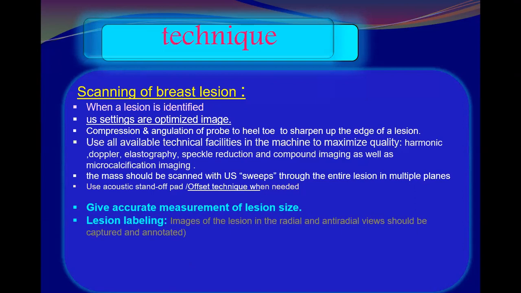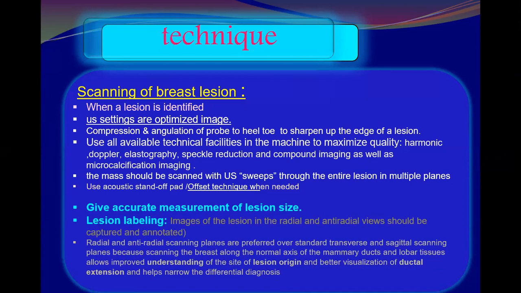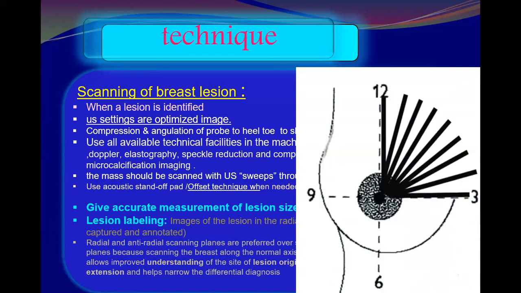For labeling, we said that for accurate understanding of the lesion's location or origin, we have to use radial and antiradial views. When you have a lesion while scanning using longitudinal, transverse or Minder technique, just shift to radial and antiradial, then capture the image of the lesion and do your labeling.